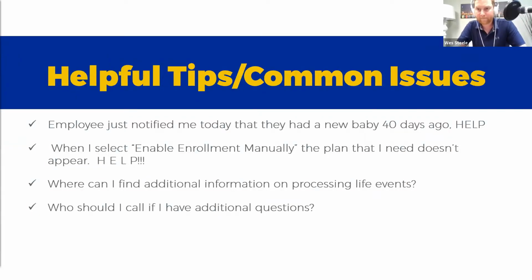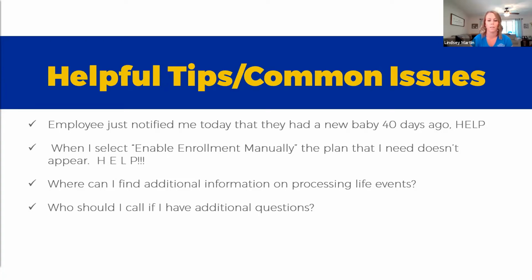Lindsey? So the first one I see a lot of is employees not notifying you in a timely manner that they need to have a life event processed. Sometimes there are just one-offs that happen once in a blue moon. If you have an employee that has exceeded the time limit, then we can assist in telling you how to handle that.